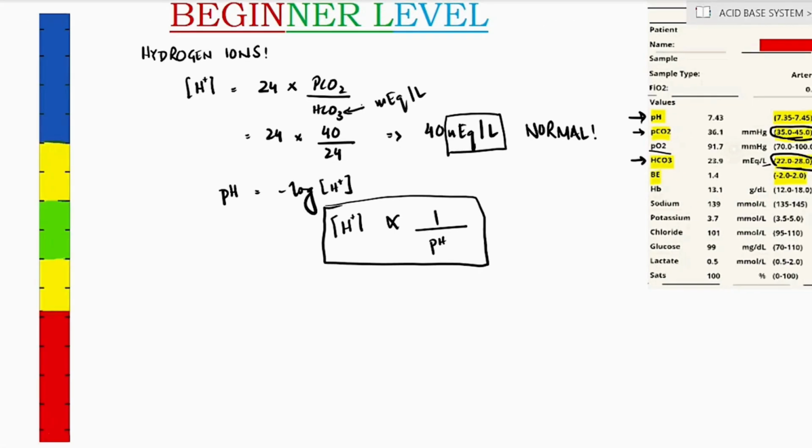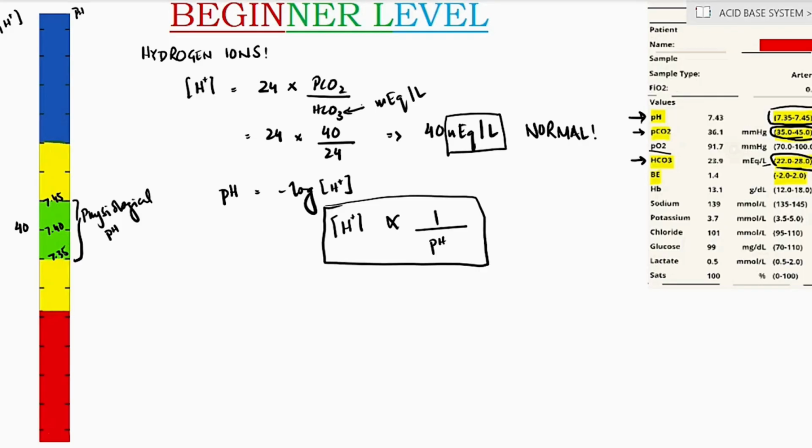So on pH scale, relating to the normal values of ABG strip, 7.35 to 7.45 is green or normal zone. In terms of hydrogen ion concentration, 40 nano equivalents is 7.4 pH. So hydrogen ion concentration between 32 to 50 falls within green zone or physiological normal pH.